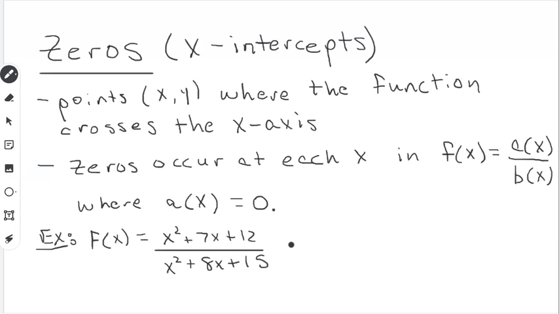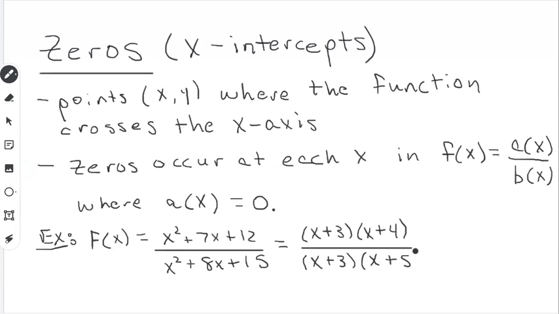When we factored, we figured out that the top was x plus 3 times x plus 4, and the bottom was x plus 3 times x plus 5, because we had to find those two numbers that multiply to 15 but add up to 8. The common factor on the top and the bottom is x plus 3, so we can cross out the x plus 3's, and what we're left with is x plus 4 over x plus 5.